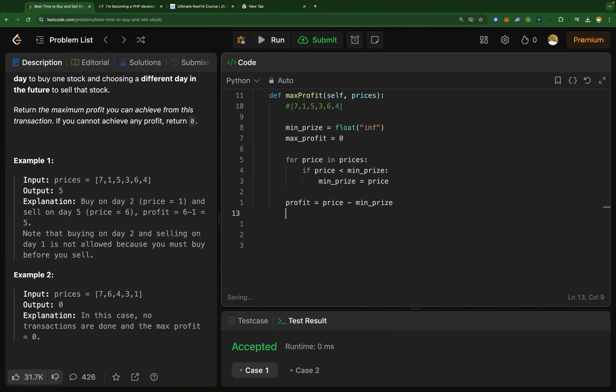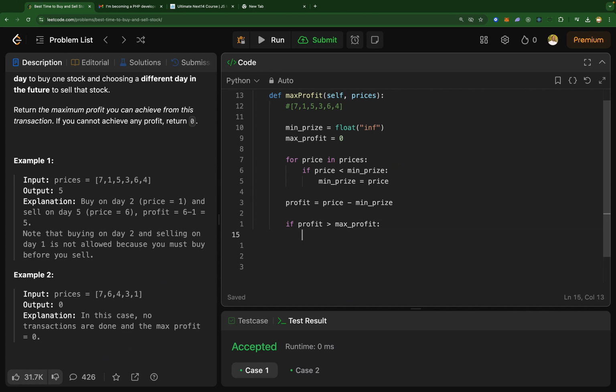Now what next we need to do? We need to check if the profit that we have is greater than the max profit that we created and updated previously.